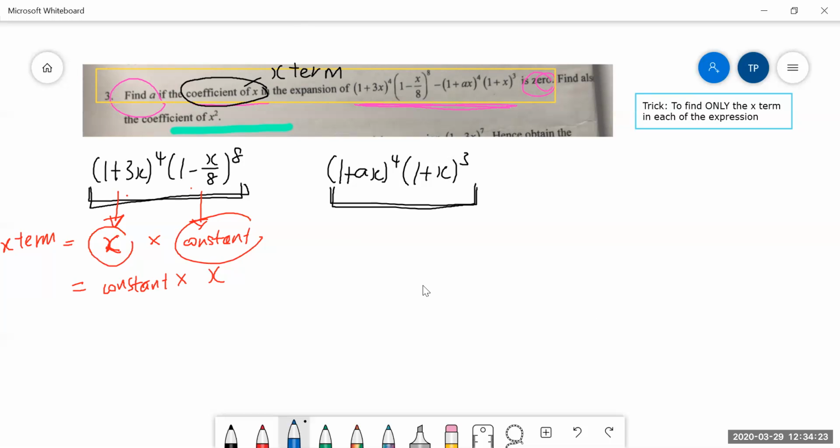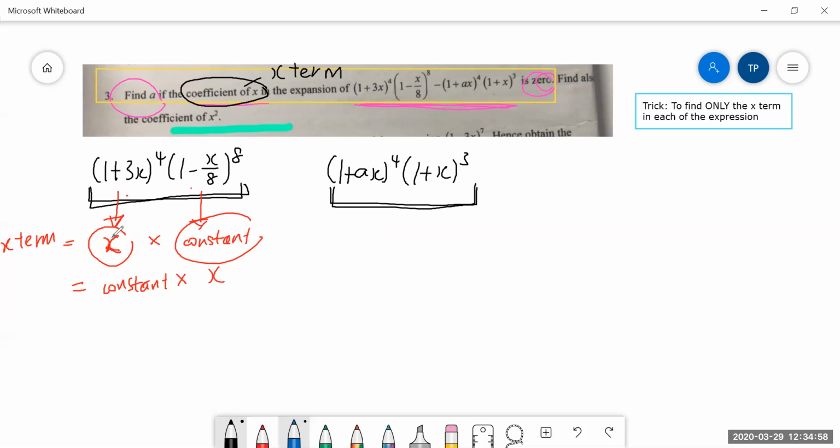So now we want the x term. Since we want the x term, we have to find the x term in 1 plus 3x to the power of 4, then multiply by the constant term in 1 minus x over 2 to the power of 8.